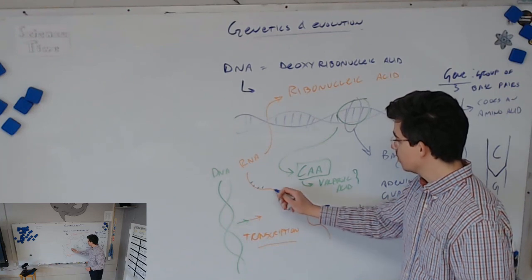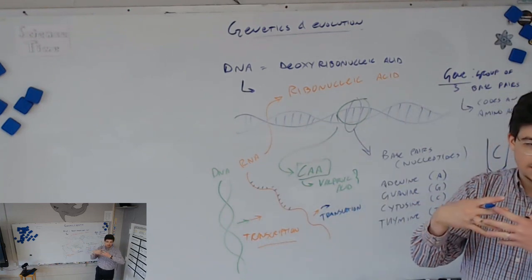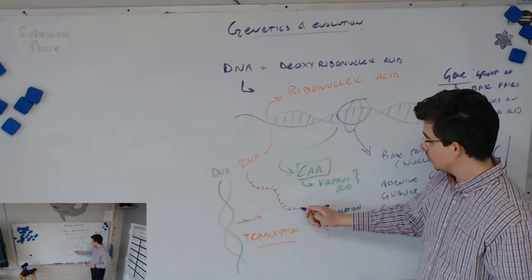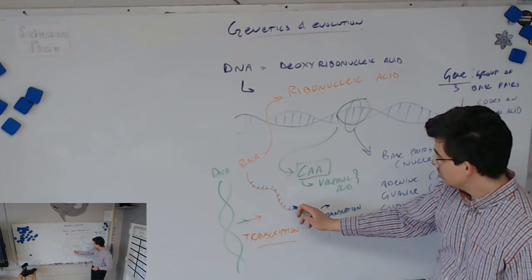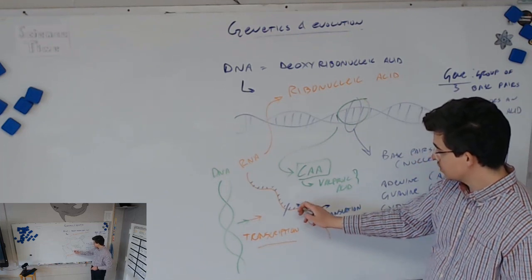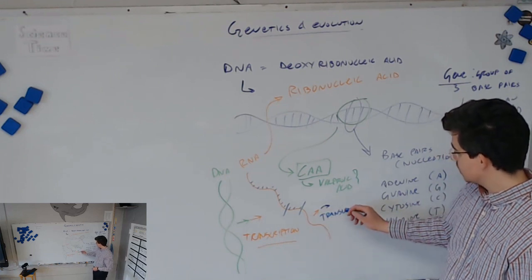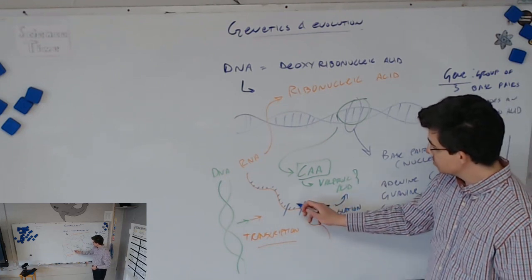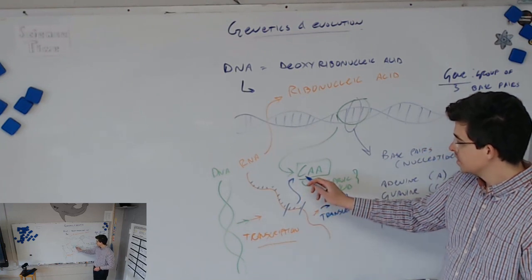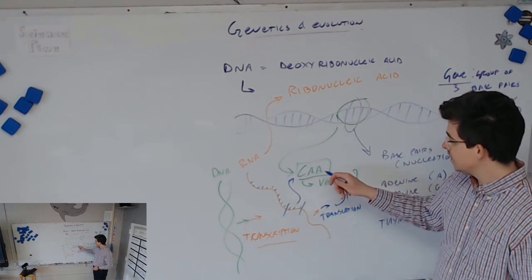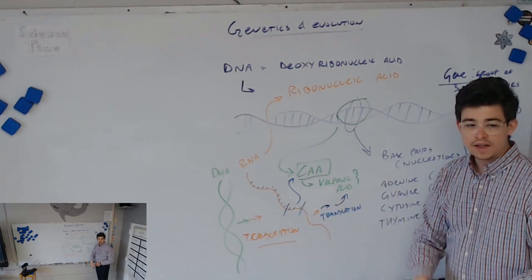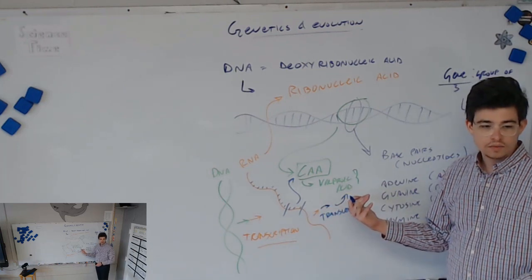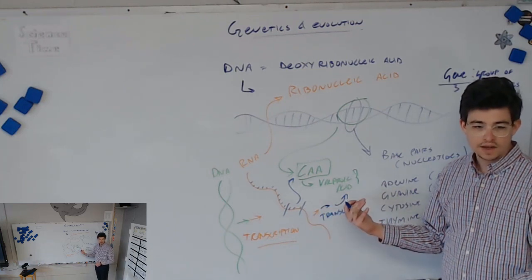But only half of it. The DNA has 2 base pairs stuck together. The RNA each only has 1 little base pair. And it looks at this one gene, this set of 3 base pairs, and it transcribes an amino acid. For instance, valproic acid. So if this little gene here says CAA, cytosine, adenine, adenine, the RNA makes that into an amino acid. Valproic acid in this case.